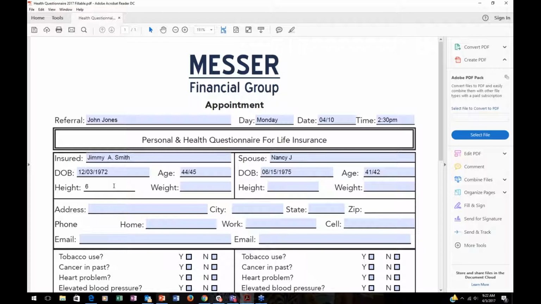And what we're going to do is talk about the client today. We're going to put this gentleman at 6'2" and 225 pounds.